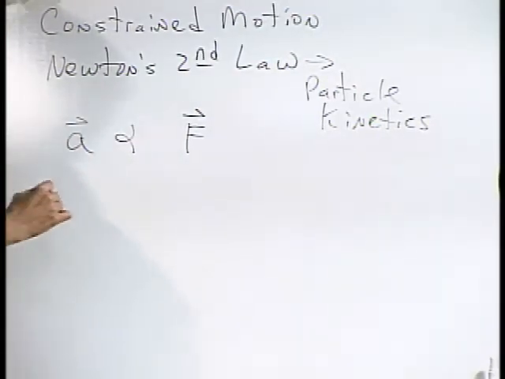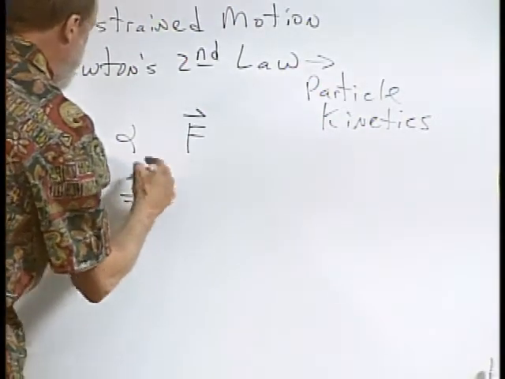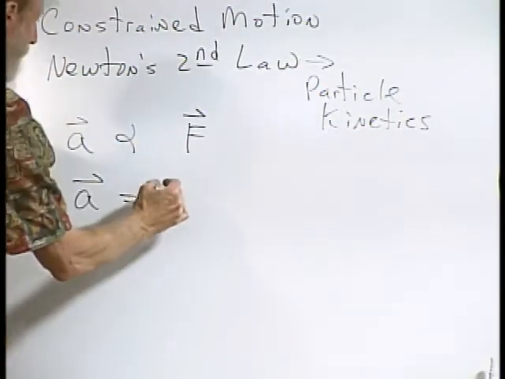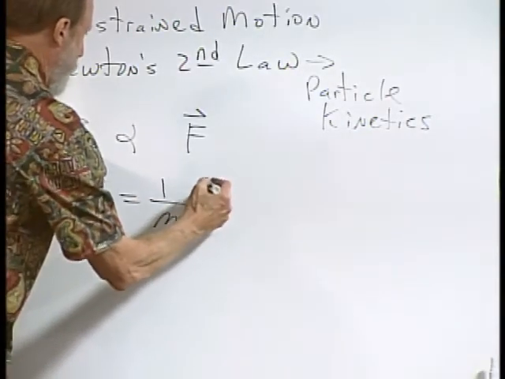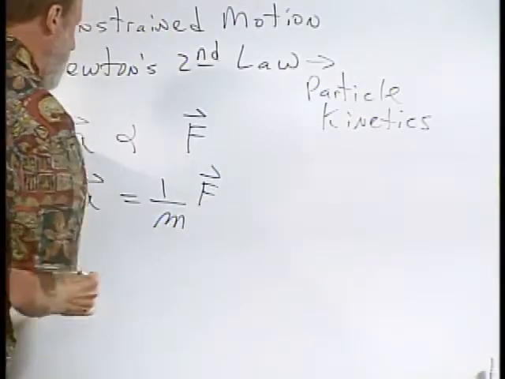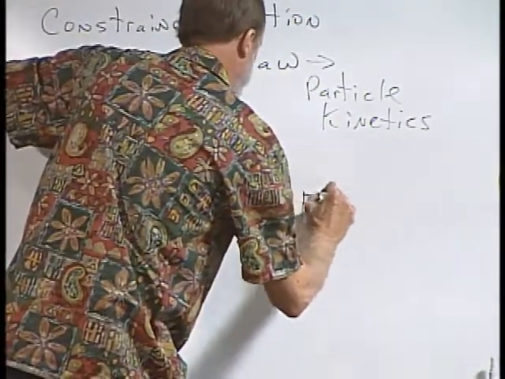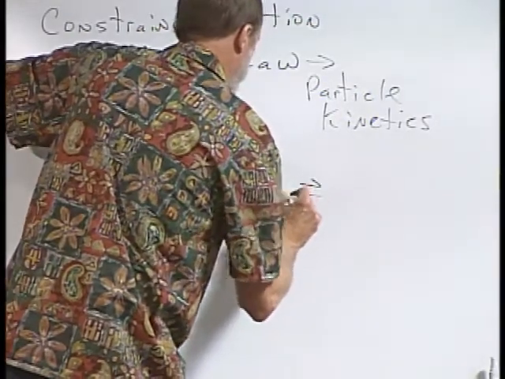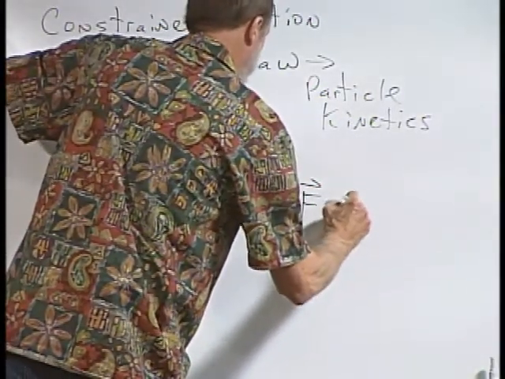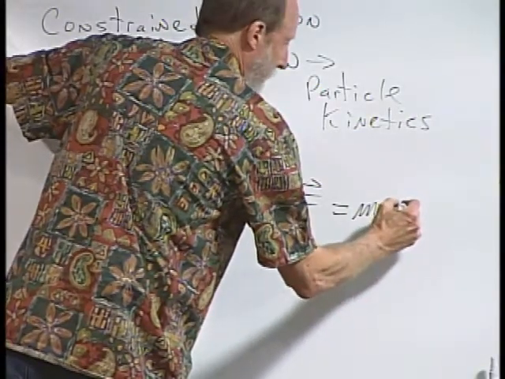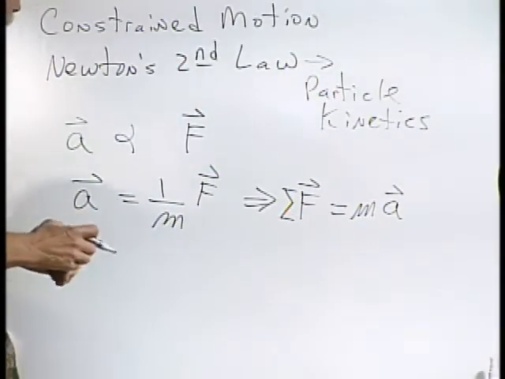The constant of proportionality, to make this into an equation, is the reciprocal of something we call the mass. And so what this yields, the way that we traditionally see this, is that the sum of the vector forces is equal to the mass of an object times the acceleration being experienced by the object.